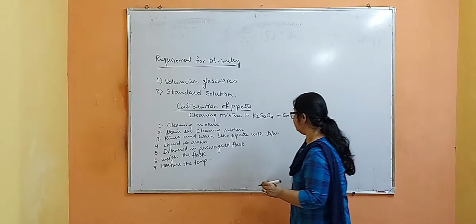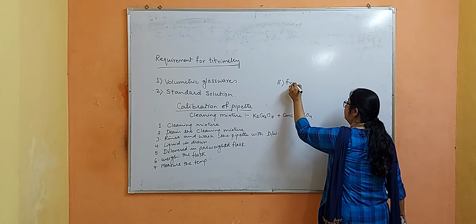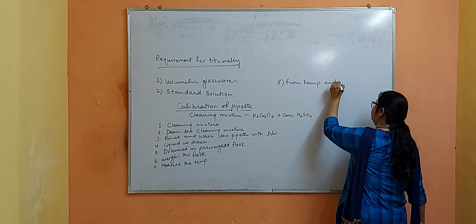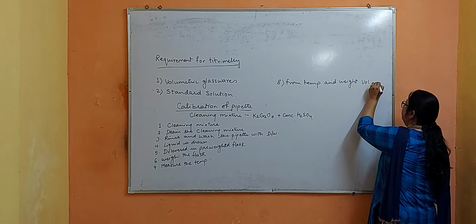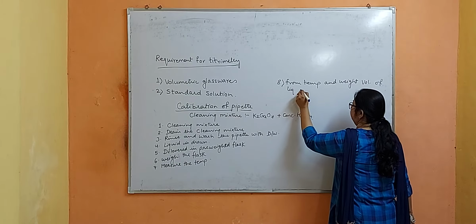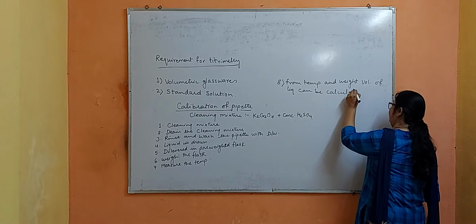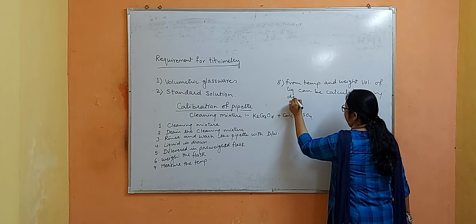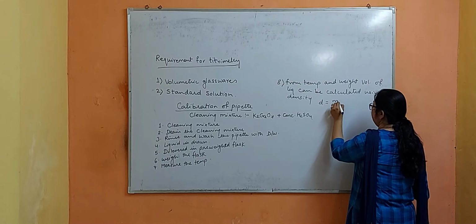Now from temperature and weight, the volume of liquid can be calculated using density, because we have the formula density is equal to mass by volume.